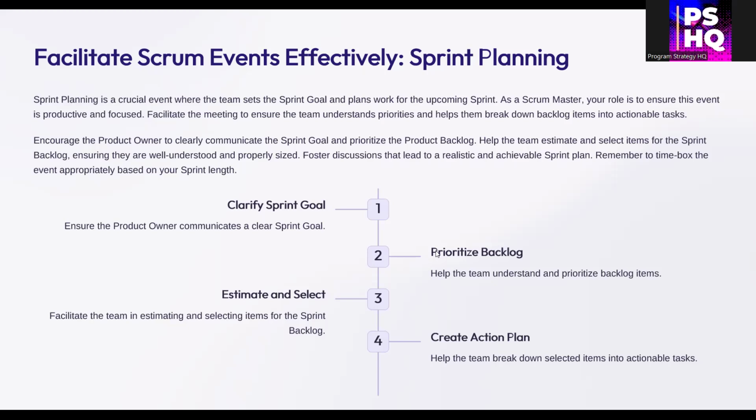Help the product owner articulate a compelling sprint goal and guide the team in selecting and sizing work items from the backlog. Encourage them to break tasks into bite-sized pieces so they're achievable within the sprint. Keep it structured, collaborative, and realistic. This is about setting the stage for success.